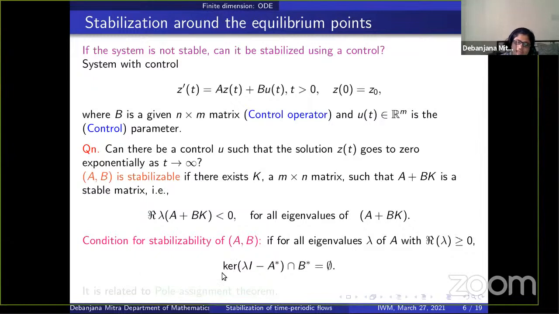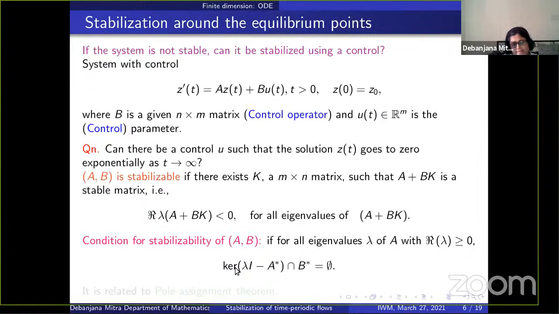A star is the adjoint matrix and B star is also the adjoint matrix of B. So here the condition reads as follows: kernel of (lambda I minus A star) intersection kernel of B star is equal to phi, for all lambda whose real part is greater than or equal to 0, and lambda is coming from the spectrum of the matrix capital A. So the first step is to check this condition, called the Kalman rank condition or Hautus type condition.